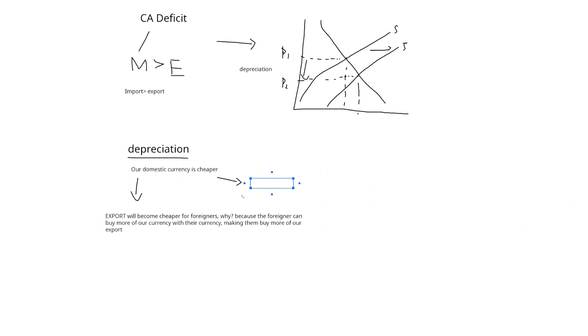So import becomes more expensive to buy because our domestic currency is worth less now, right? So this is what's going to happen. Export is going to be cheaper, import is going to be more expensive.